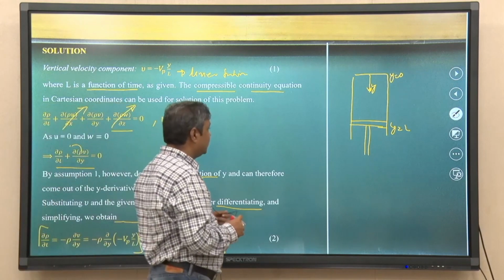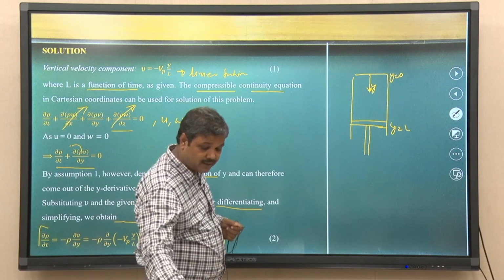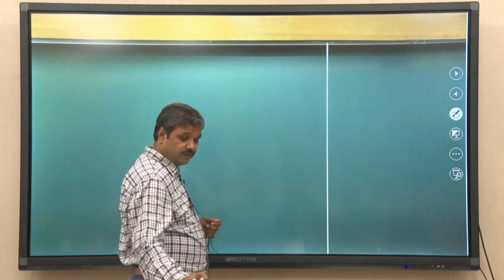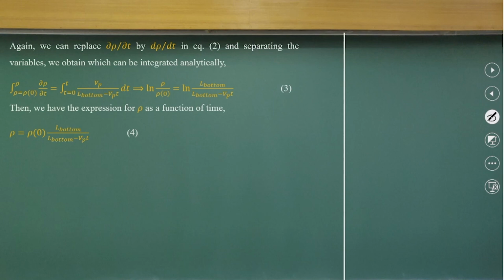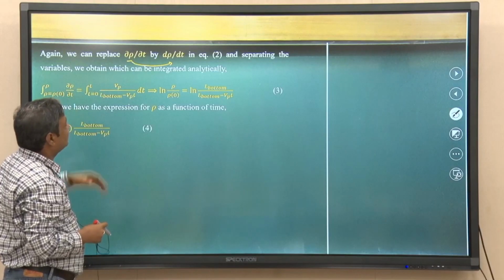Now, if you look at the next slide, if I consider this, because anyway rho is only a function of time, we can convert from partial derivatives to total derivatives, and I can integrate this part.